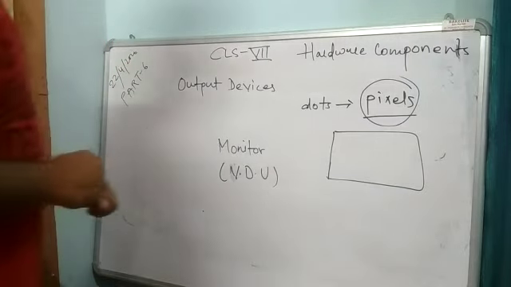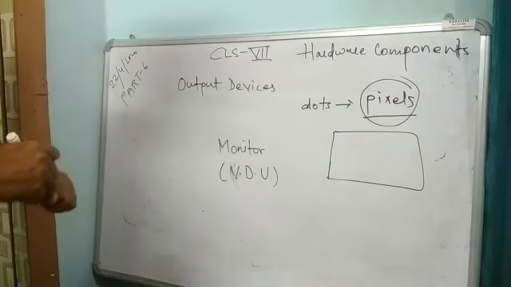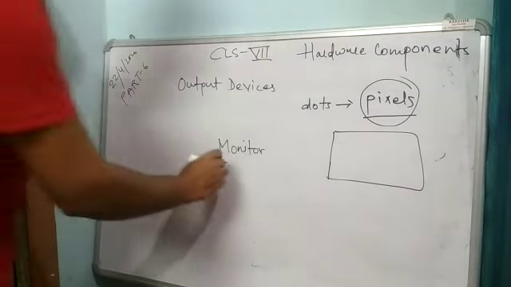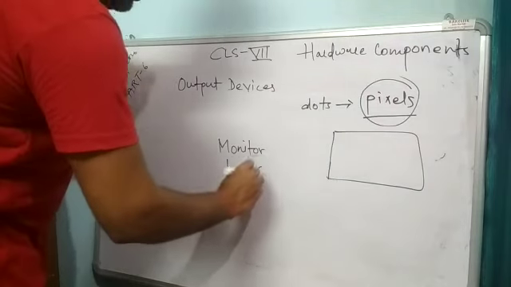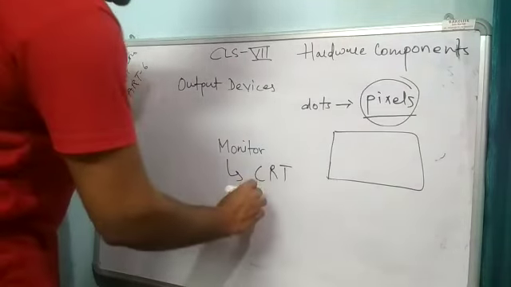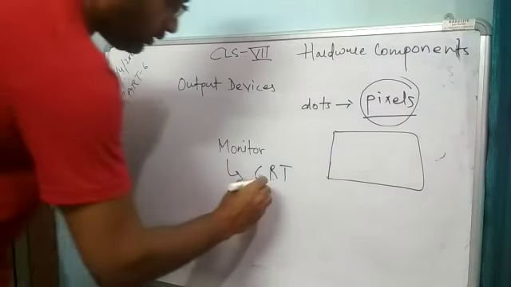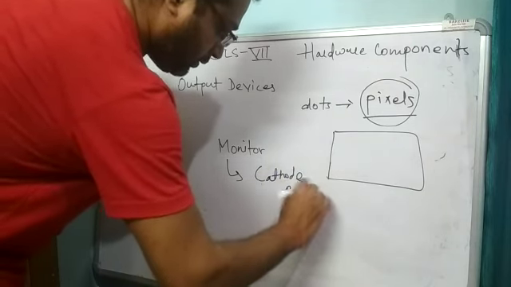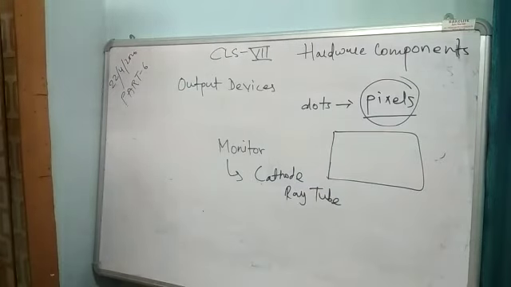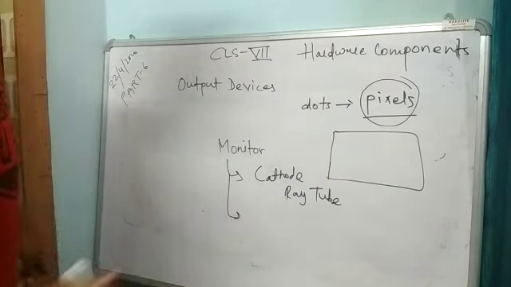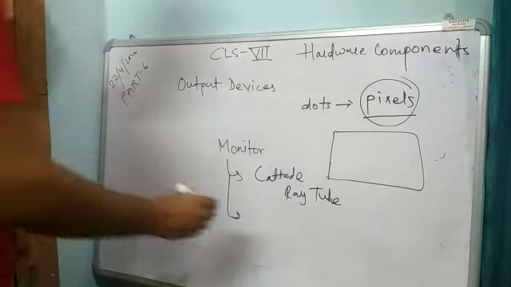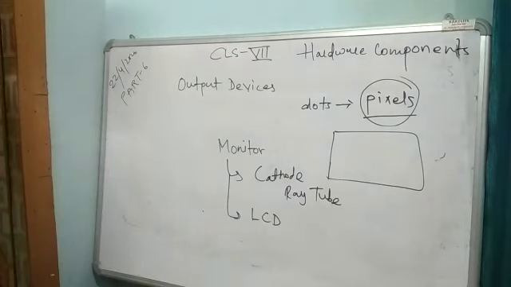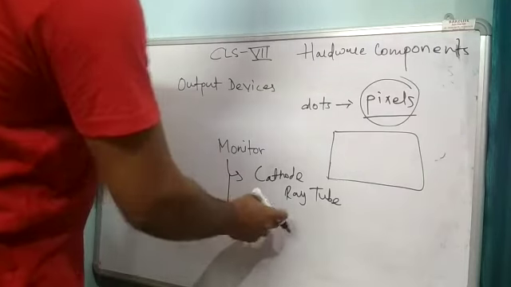There are so many types of monitors that we can use. If we talk about the older days, we used CRT. CRT stands for cathode ray tube. Then technology improved and we used LCD, liquid crystal display.